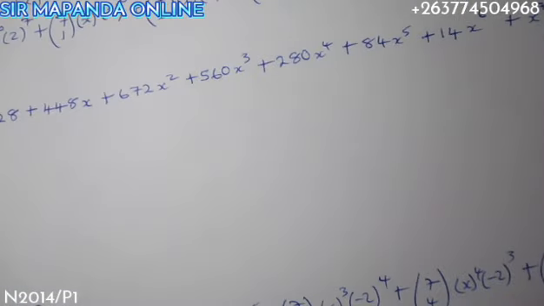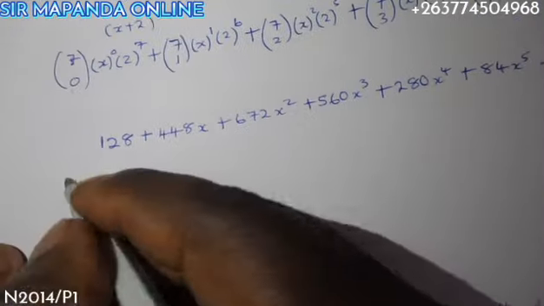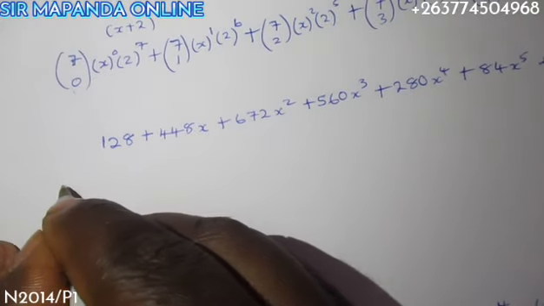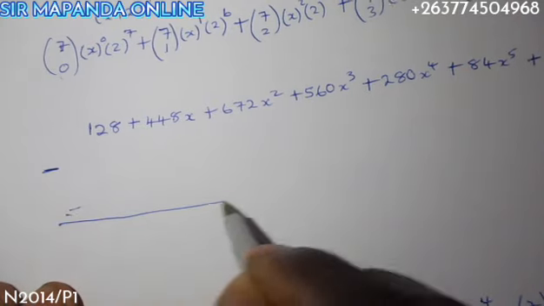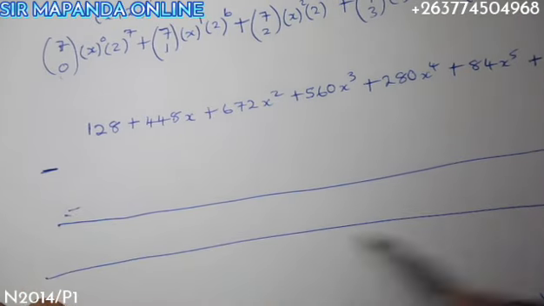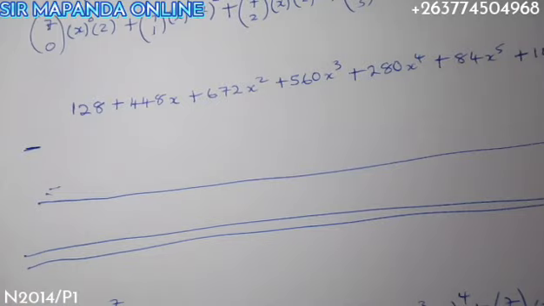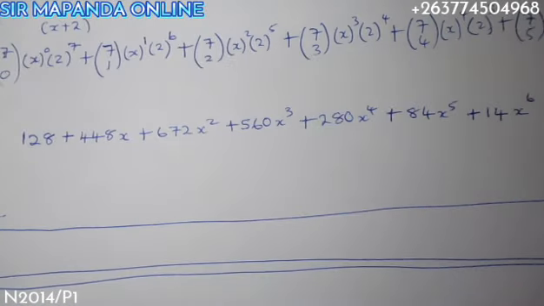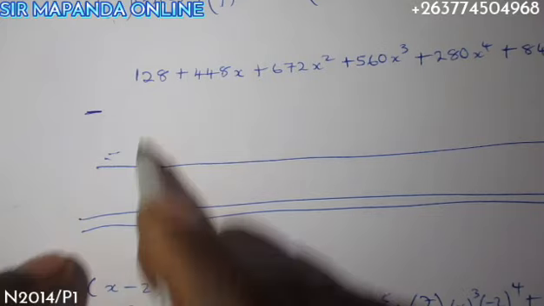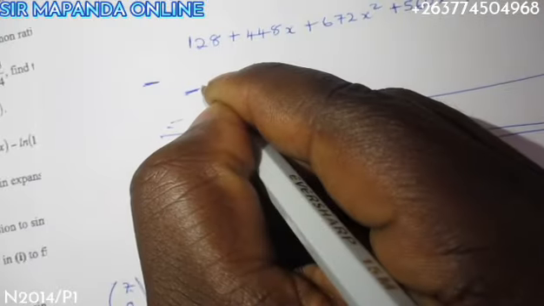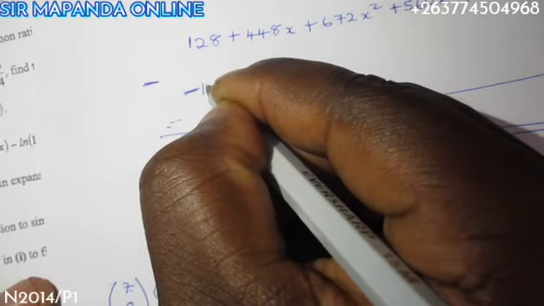All right, so I want to align the terms with the answer above to then figure out the final answer. That's why I've left out this space, so that I can align the like terms. Negative 128, you write minus 128.